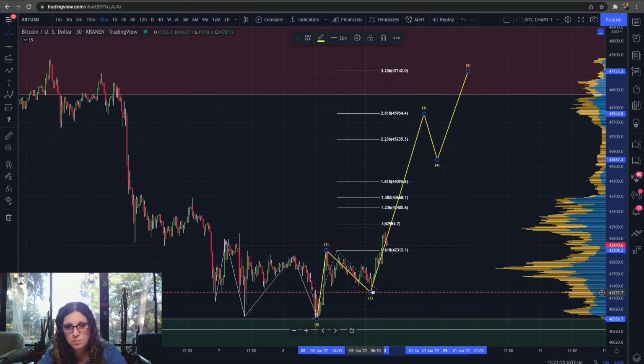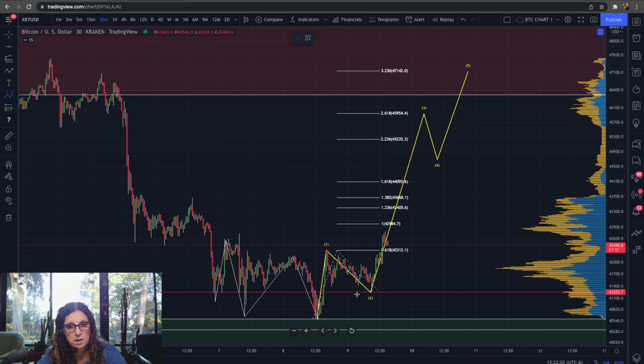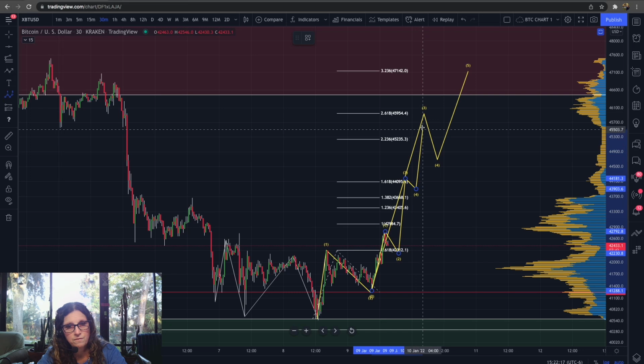Otherwise, it is going to be an ABC. And inside of here, this would be 1. We would come down for a 2 that would find support on top of this one. We would go up for 3, 4, 5.